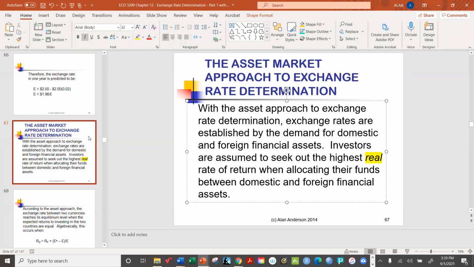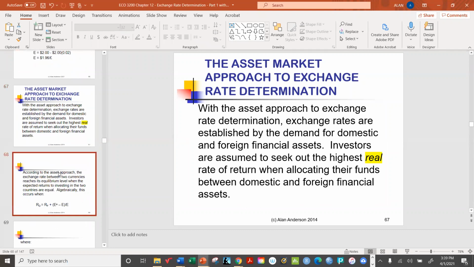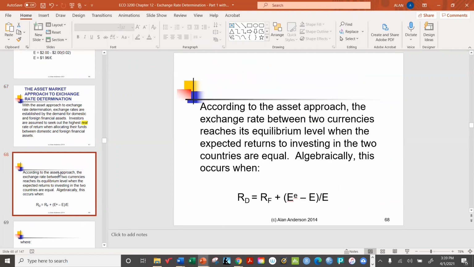Now, here's how the basic model works. We have four terms here that we have to look at. RD is the domestic rate of interest.